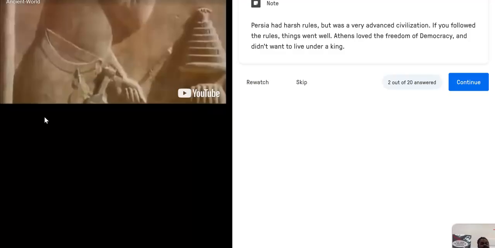Okay. Now, the thing that was kind of a trade-off was they had a harsh system of government. The emperor, King Darius, let groups do what they wanted to do. This is where the term King of Kings came from, right? However, can you rule an empire that is this huge without having a strong military?